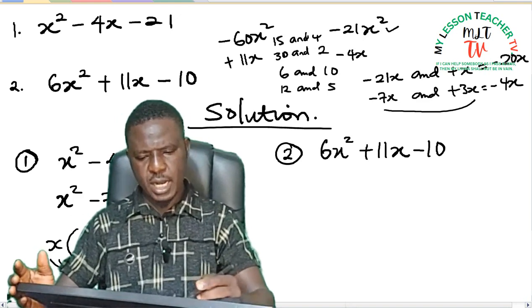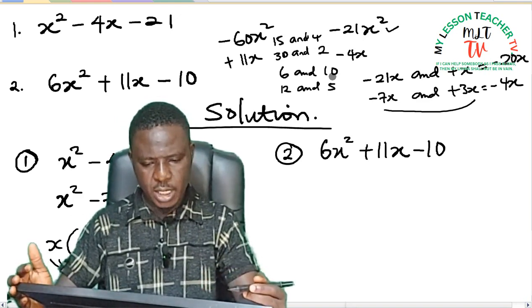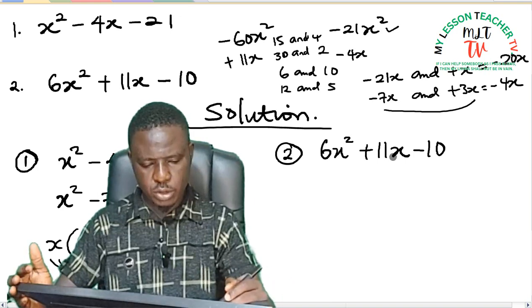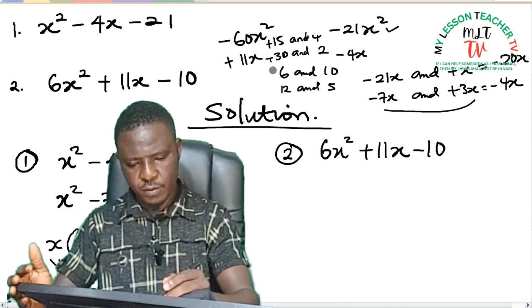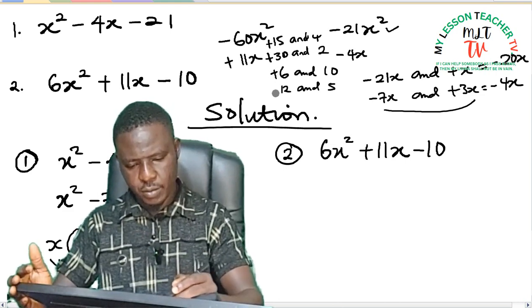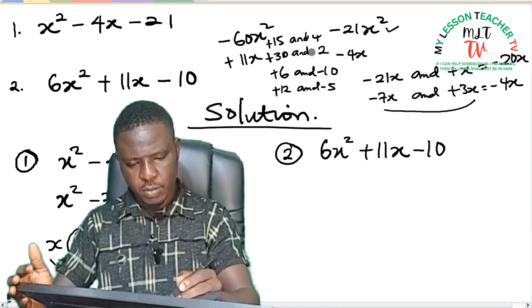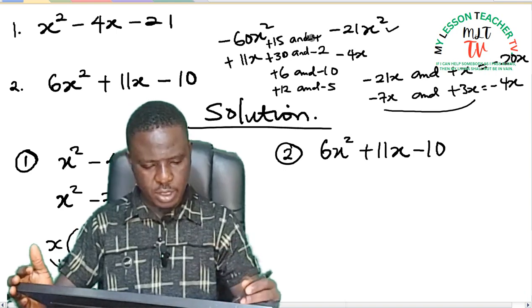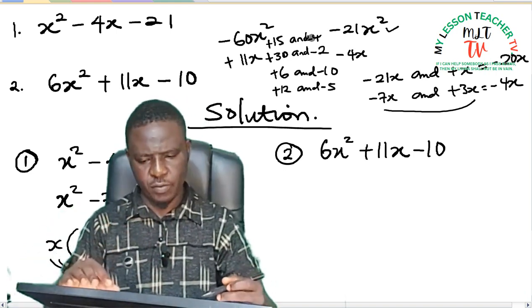So, which among these sets of numbers, when we add them together, will give us plus 11? So if this is positive, and this is negative, because for it to give us minus 60, one needs to be positive and the other needs to be negative.